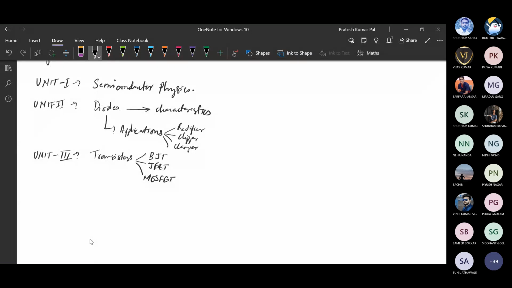In unit fourth, we will be seeing the operational amplifiers.